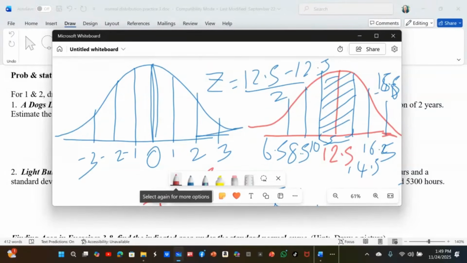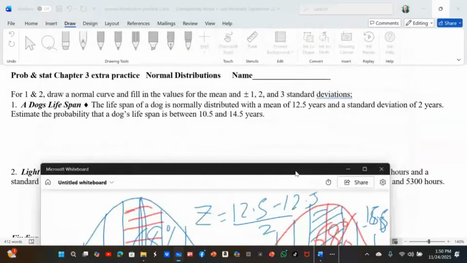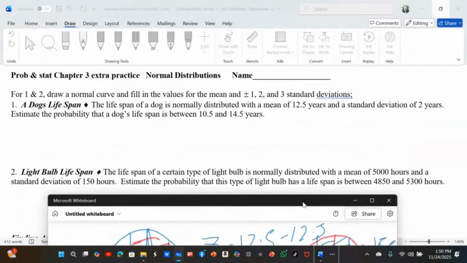So 68% of the data lie within the shaded region. That's what I'm told to find, 68% according to the empirical rule. So we have answered this question. You better know your empirical rule. Make sure you can apply it in the oncoming test.